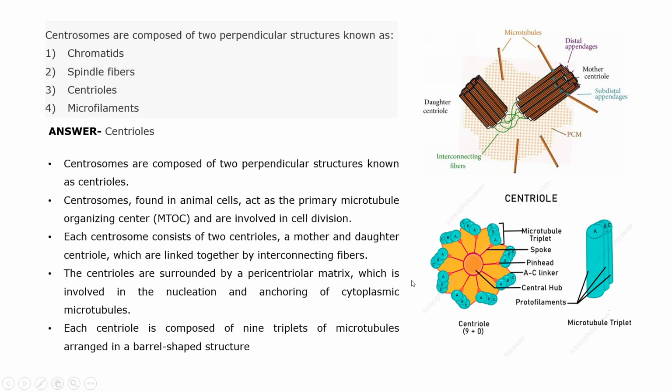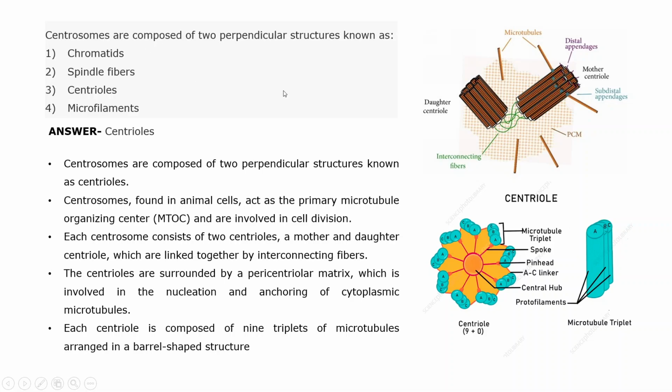So this is the structural aspect of a centriole. It consists of a 9 plus 0 organization, meaning that there are 9 protofilaments comprising the centriole, and there are 2 centrioles, forming a 2 into 9 plus 0 arrangement of the centrosome.